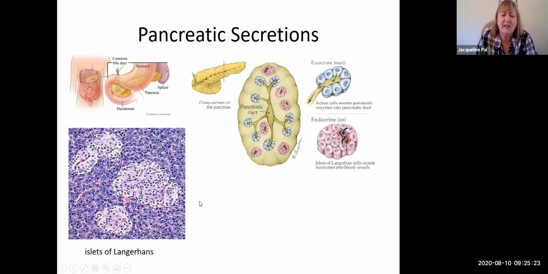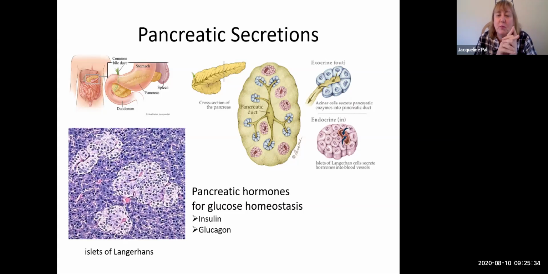And there are at least 4 different cell types, each of which produces a different substance in the islets of Langerhans. But we're going to talk about 2 of them. We're going to talk about the 2 pancreatic hormones that are most important for glucose homeostasis. And those 2 hormones are going to be insulin and glucagon.